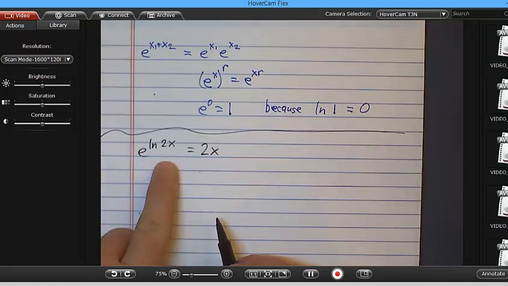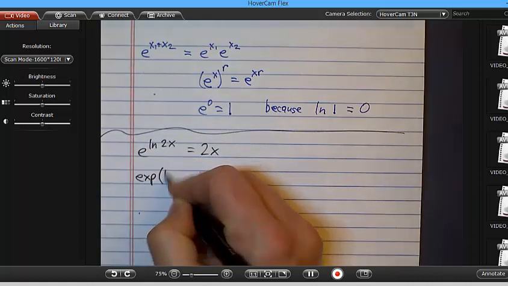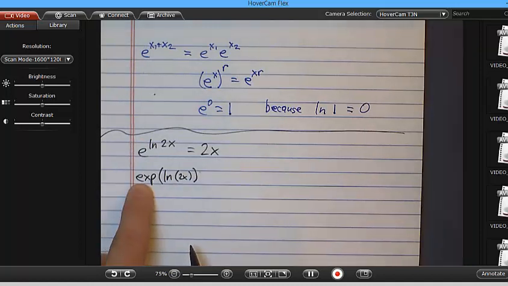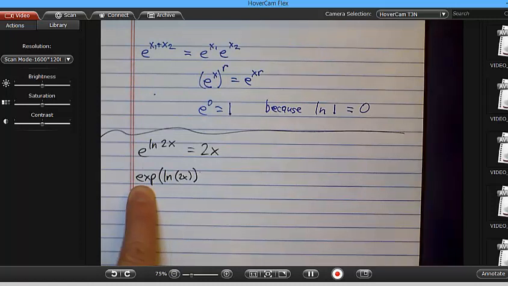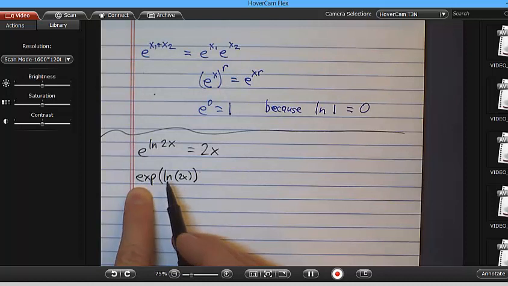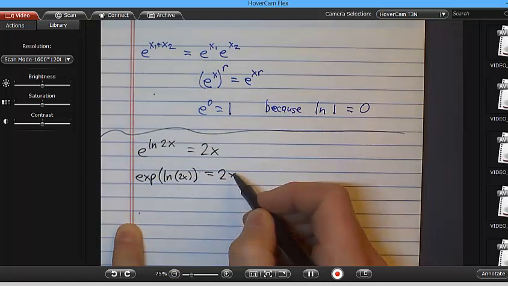It might be a little clearer if you write it in the other notation. exp is another way to write e to the. We're going to actually sometimes take e to the both sides. So these undo each other. You get 2x. They're inverse functions.